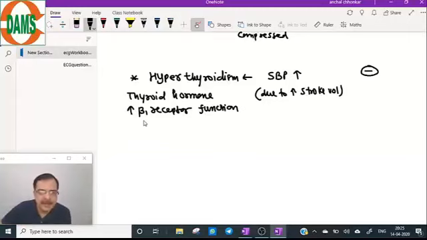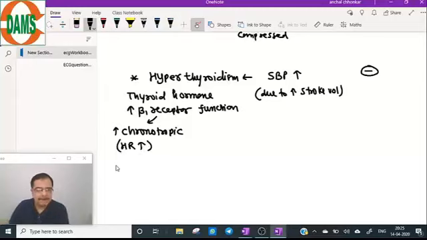When beta 1 receptor function is increased, there will be increase in chronotropic action. Chronotropic means heart rate increases, and you will be studying this in endocrine also: in hyperthyroidism, there is tachycardia. This is the reason. The second function of beta 1 receptor is inotropic.